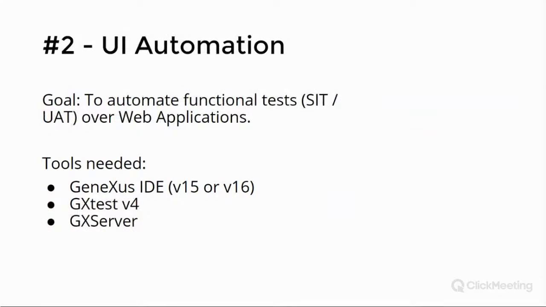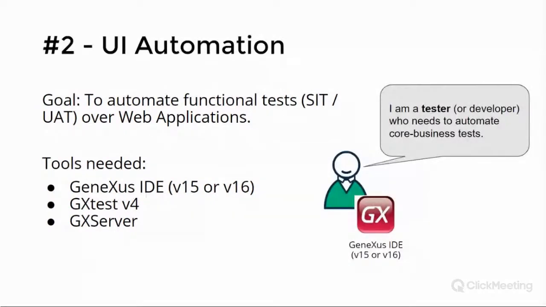The second use case is when you need to automate end-to-end tests in your environment and you can run them from the IDE. So you implement UI workflows and run them from the IDE. For that, you also need to get a GXtest license and GXtest server.